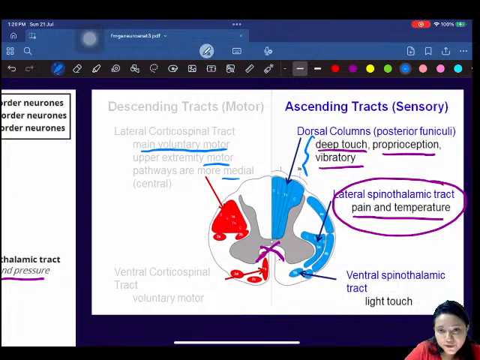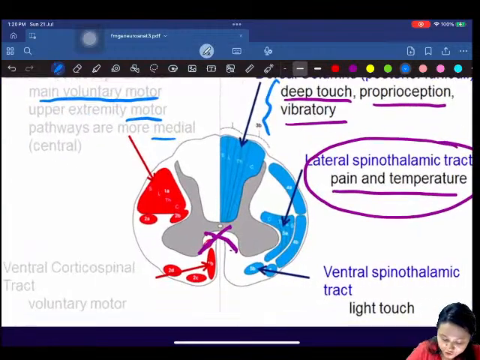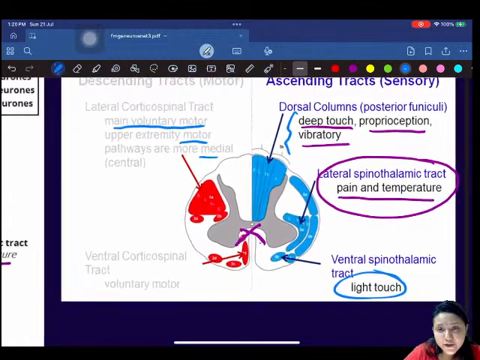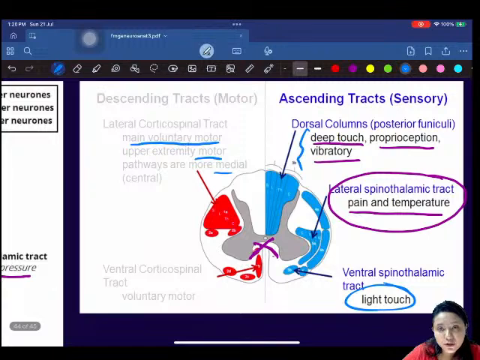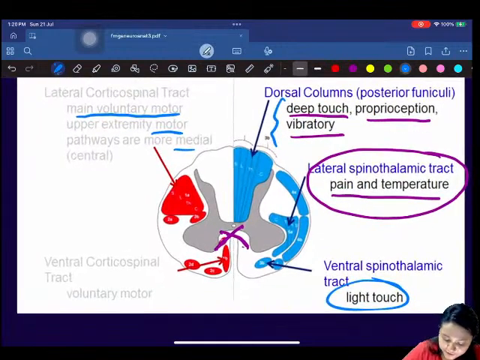Ventral spinothalamic is mostly for light touch. Lateral spinothalamic is for pain and temperature, and dorsal column mostly the deep touch. So the question might come on deep touch and light touch. If they ask about light touch, it is your ventral spinothalamic.